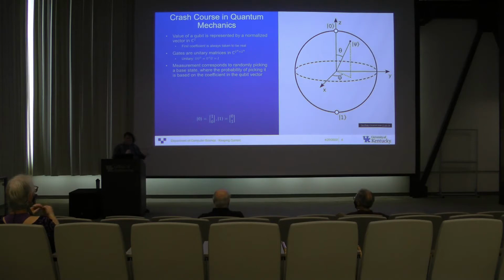That reflects the idea of reversibility. And like I said, it's a little trickier mathematically to represent, but measurements correspond to randomly picking one of the base states, 0 or 1, the probability of it depending on the coefficient of that in the actual state vector.